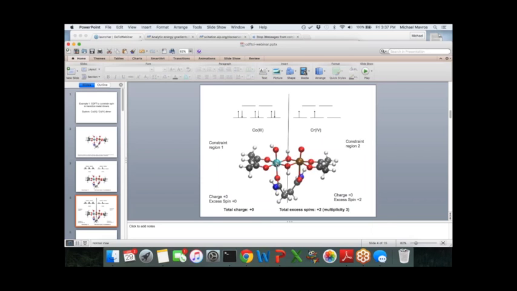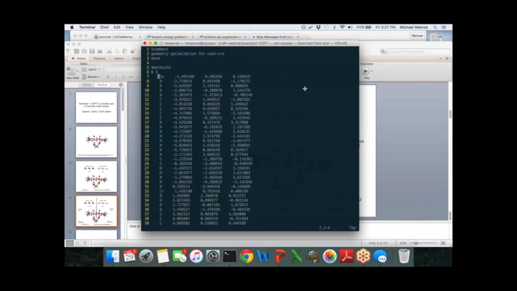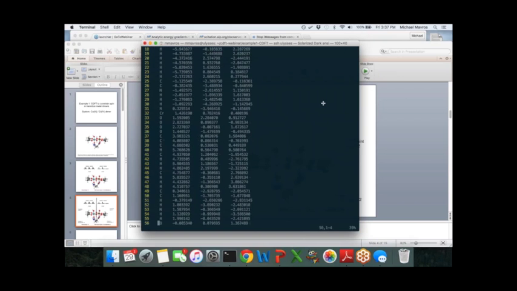So what I have is the cobalt, and all of the atoms on the cobalt half of this molecule in one constraint region, and chromium and all of that on the chromium half of this molecule in the other constraint region. And in my Q-Chem deck, they're in this particular order: cobalt, and then following it immediately in the molecule block in the input deck, all of the atoms on the left-hand side of this molecule, and then chromium, and following chromium, all of the atoms on the right-hand side of this molecule.